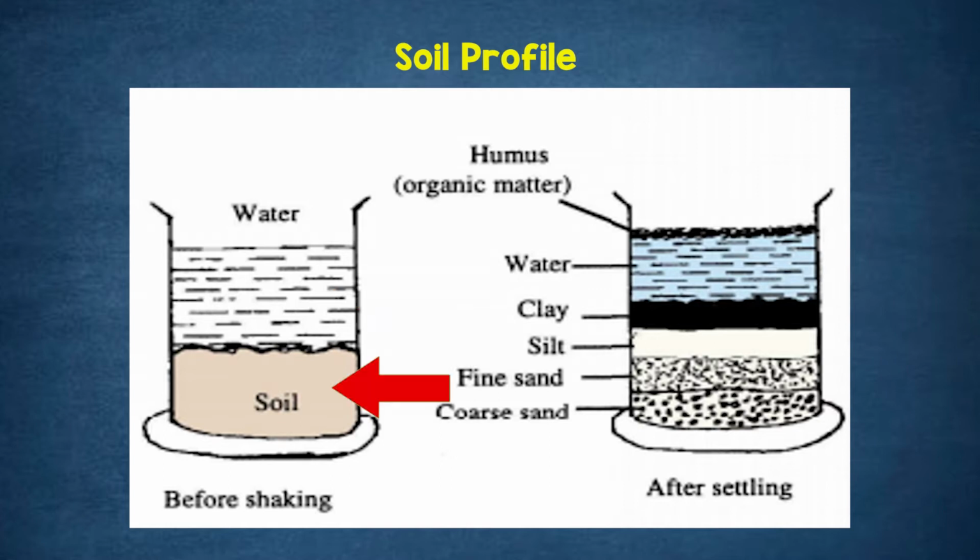Whereas the other diagram that you're seeing has after settling. We will start with what you have as humus, which is the organic matter, or the leaves and little twigs that you see floating in the container. Then you will have the water and clay. Following that, we have the silt, fine sand, and then the coarse sand.